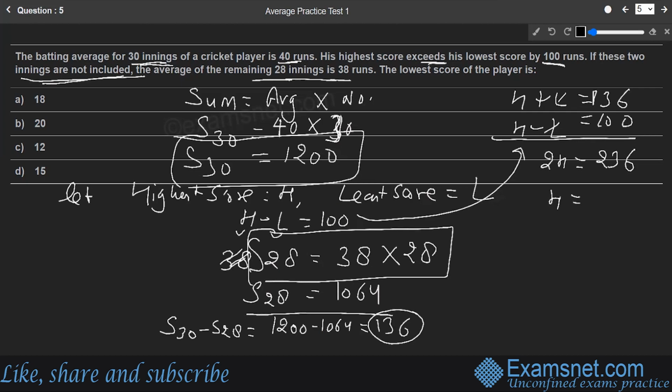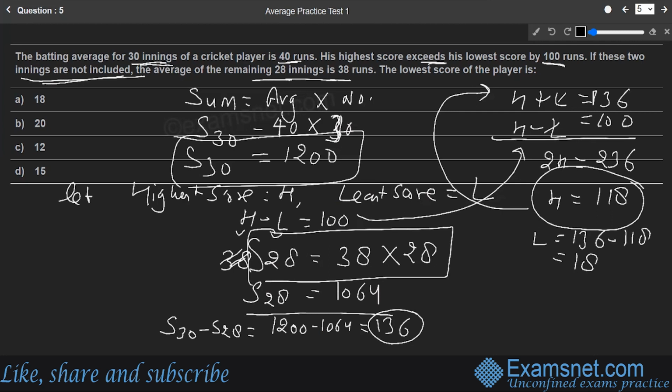Here the H value comes out to be 236 divided by 2, that is 118. If H is 118, we can put this back into any of the equations, where H plus L is 136. So the L value is nothing but 136 minus 118, that is 18 runs. So the run scored in the least inning is 18 runs. Okay, so let us hit option number A, which has the option as 18 runs.